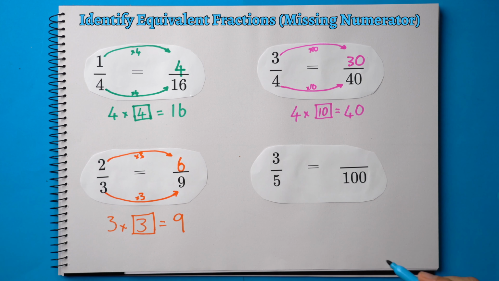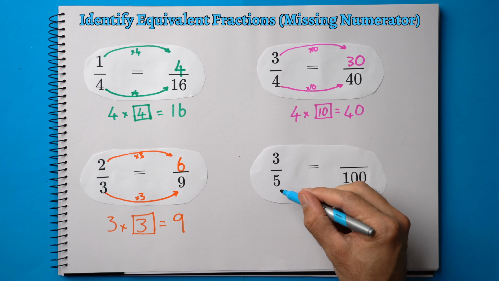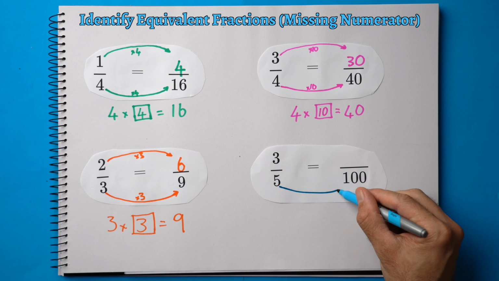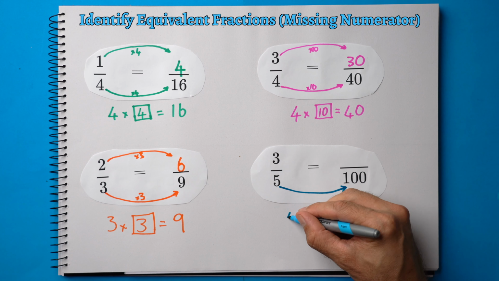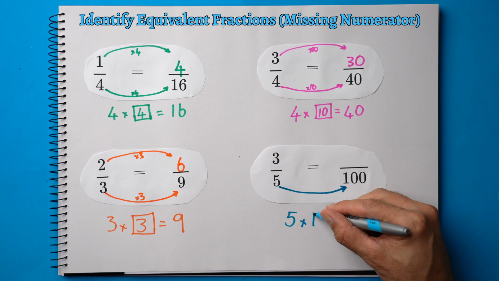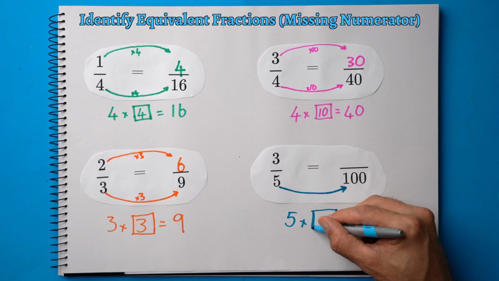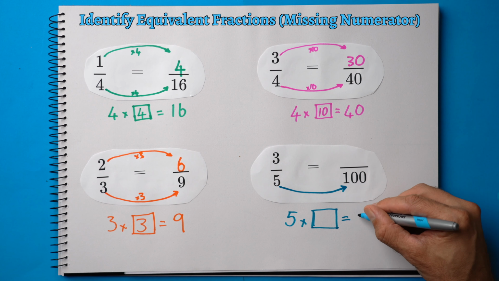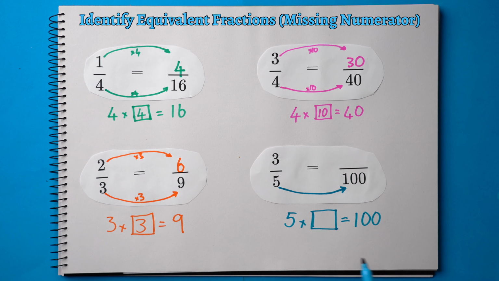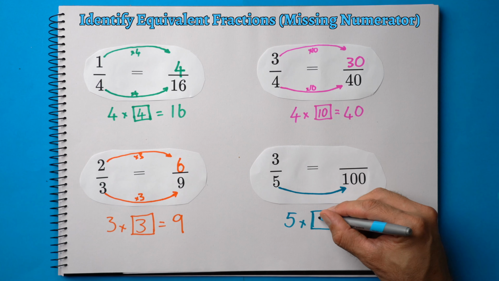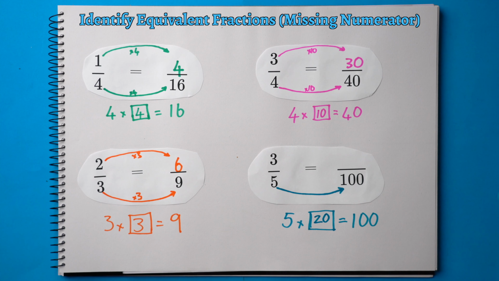Okay, our last one is 5 multiplied by what gives us 100? 5 multiplied by what equals 100? And I know 5 multiplied by 20 is 100.